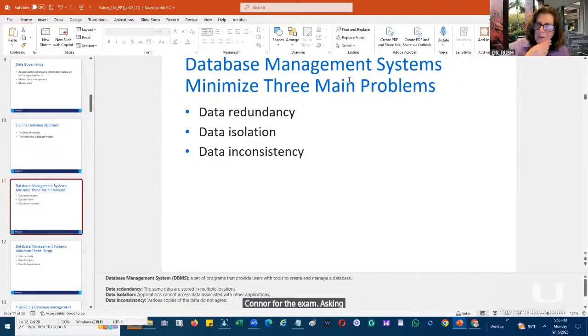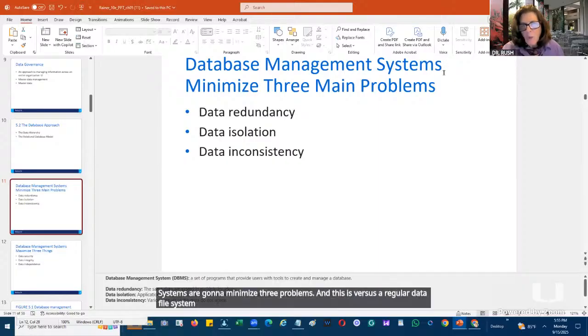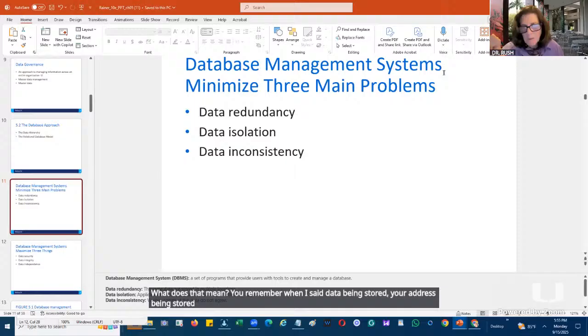Asking about database management systems, they are going to minimize 3 problems. And this is versus a regular data file system. What does that mean? You remember when I said data being stored, your address being stored in 30 different places?